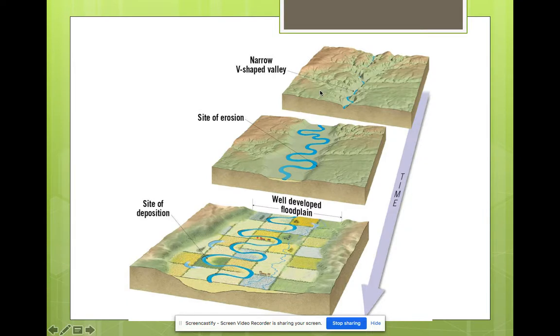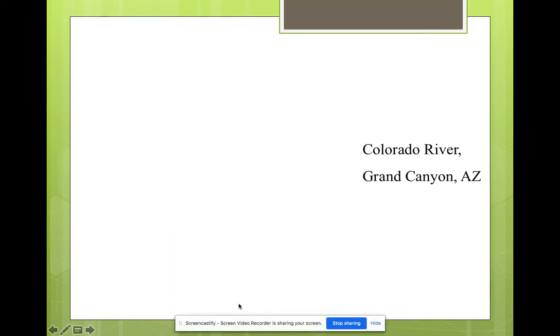So if we take a look, the source is right here. And as we move further down, we get a little bit larger floodplain, some more meanders. And then as we move even further down and further away from the source, you have a huge floodplain. You have little tributaries, you have oxbow lakes, you have meanders.